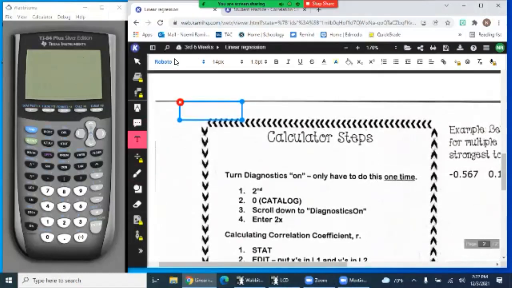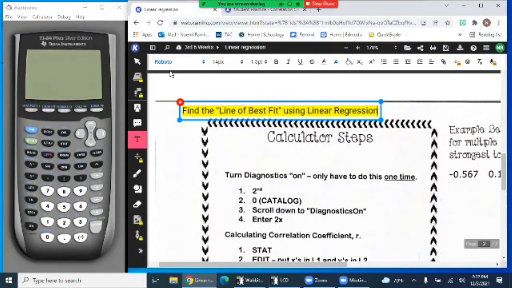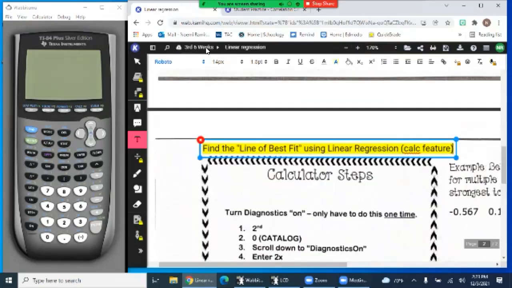So find the line of best fit using linear regression. It's just a calculator feature.